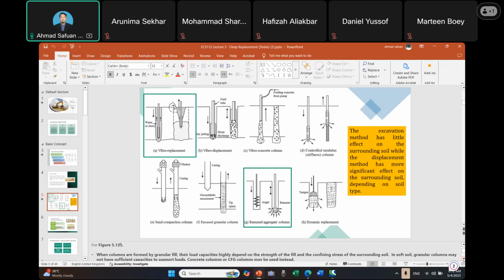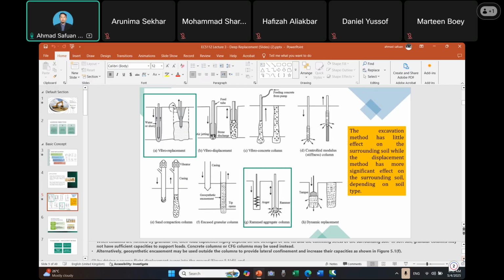For the encased granular column, when a column is formed by a granular fill, its load capacity highly depends on the strength of the fill and the confining stress of the surrounding soil. In soft soil, a granular column may not have sufficient capacity to support loads. So a concrete column may be used instead.